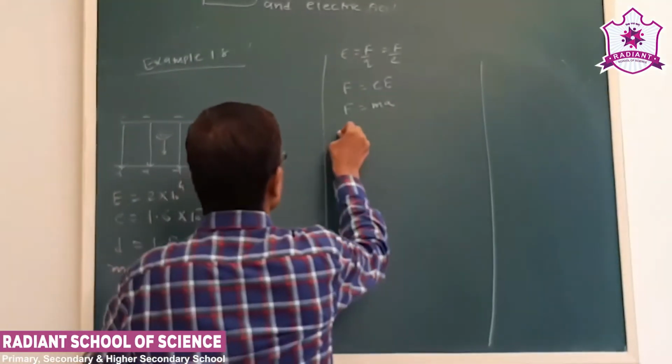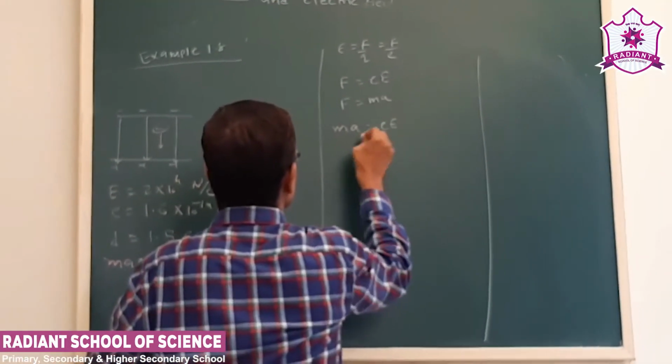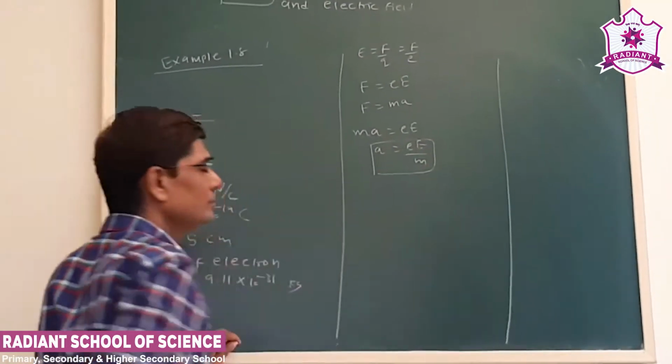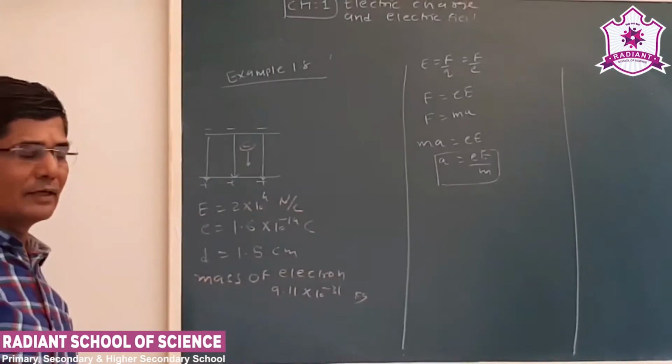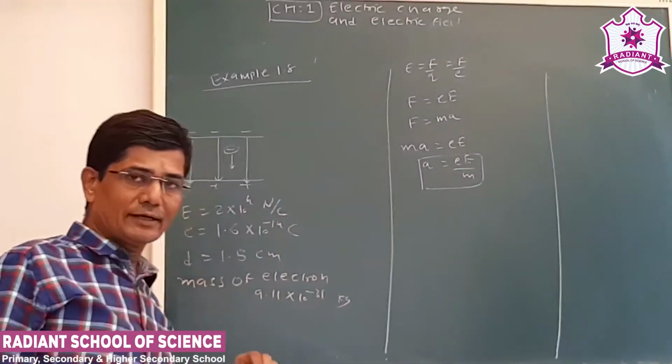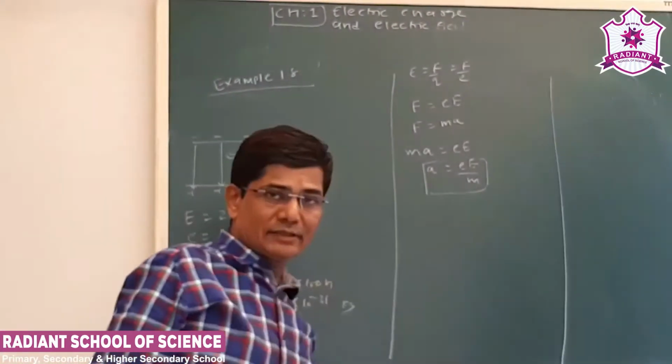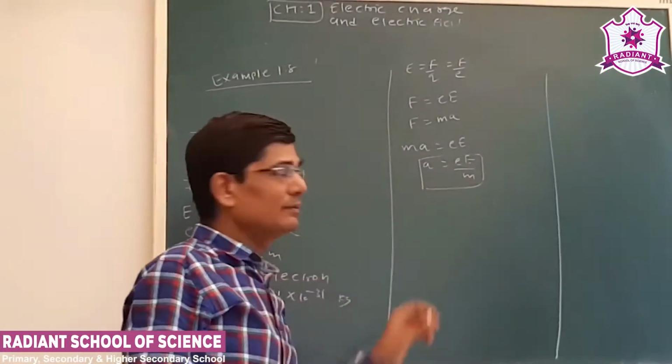So because of the force of the electric field, the electron will have an accelerated motion, so the acceleration will be a equal to eE by m.